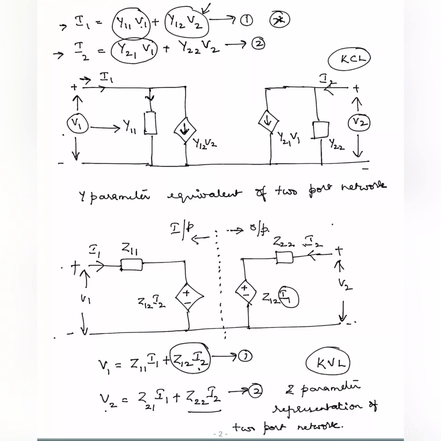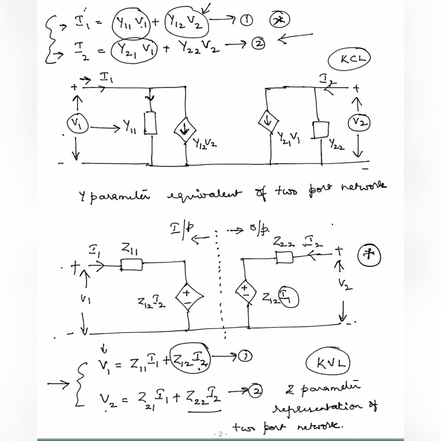The basic understanding is that both circuits follow the governing equations: Z parameters should satisfy these two governing equations, and Y parameters should satisfy the equations represented here in terms of current. For Z parameters, the voltages depend on the currents, whereas in Y parameters the currents depend on voltages.